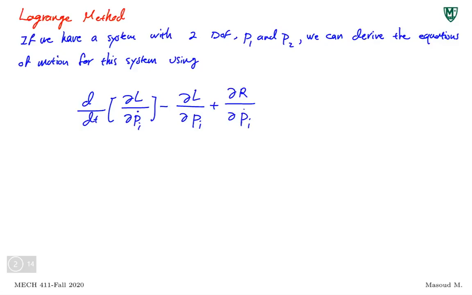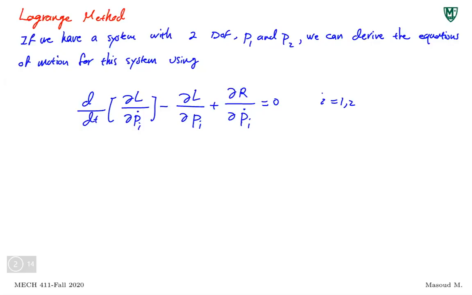It's a general formula. Now, what these parameters are, well, obviously i goes from 1 to 2. Now, if you have a system with 3 degrees of freedom, 4 degrees of freedom, this i would go to 3, 4, 5. For each degree of freedom, you have to write this equation and find the parameters for the system. That will be your equation of motion for that specific degree of freedom.